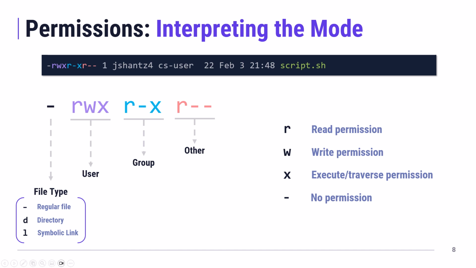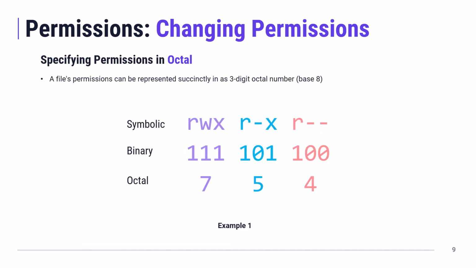So there's 2 ways we can specify permissions, octal or symbolically. Taking a look at octal first, you can represent all of those permission bits succinctly as a 3-digit octal number. So what you do is you take those symbols, so read, write, execute for user, we want read and execute for group, we want read for other. You convert them to binary.